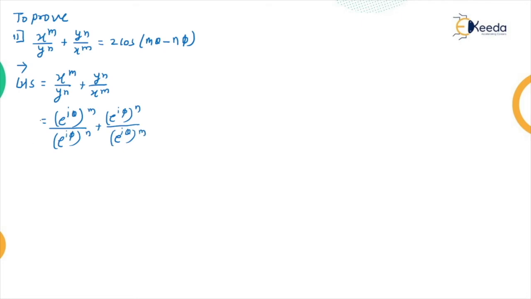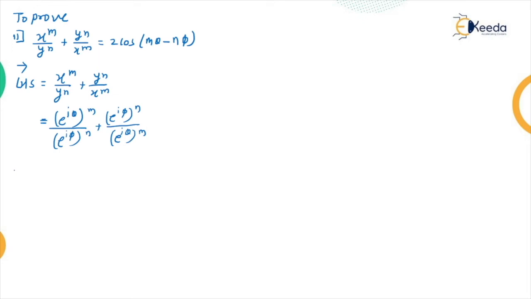That is simply x^m / y^n plus e^(i phi) raised to n divided by (e^(i theta)) to the power m.